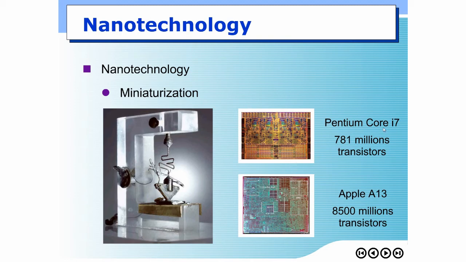Just like a Pentium Core i7, it has about 800 million transistors in a size of less than square inches. Apple A13 has almost a billion transistors, and more advanced microprocessor chips would contain a lot more very small transistors using nanotechnology.